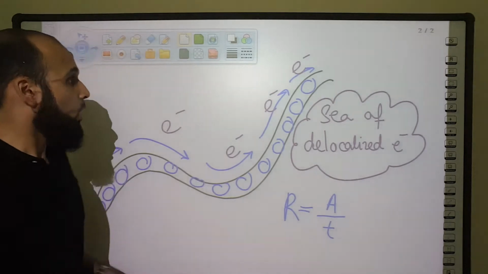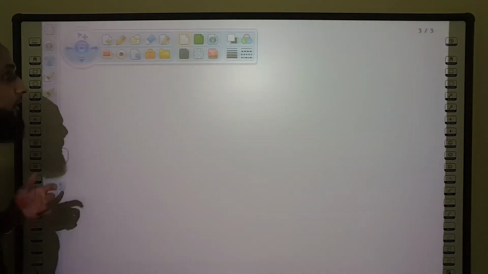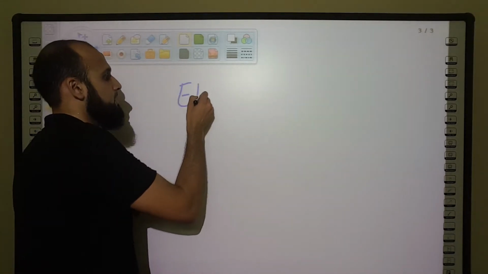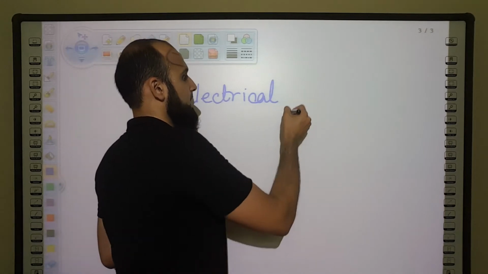Right, so when we talk about electric current, we're basically talking about how fast electrical charges are flowing through a conductor, right?